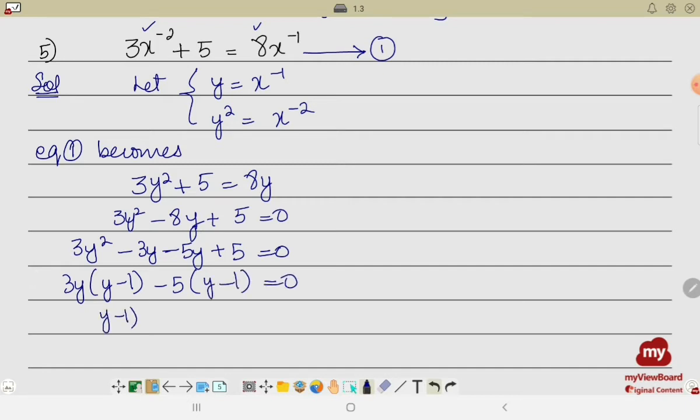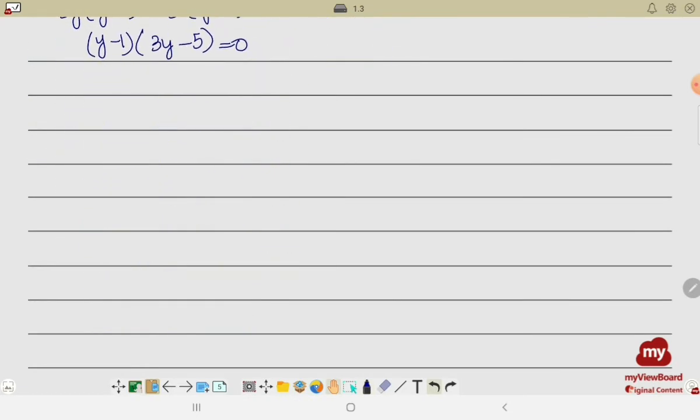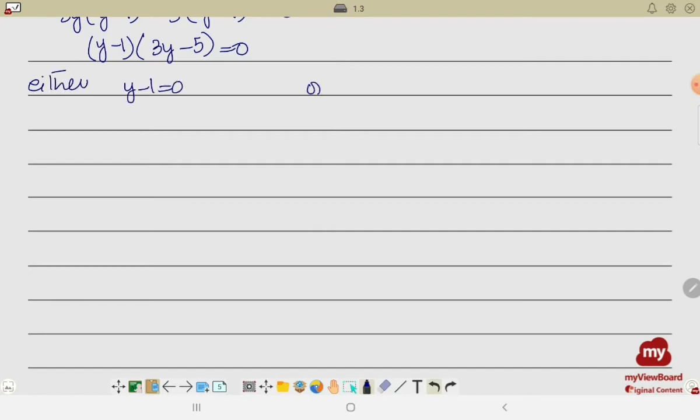So y minus 1 will be taken common, 3y minus 5 is common, equals 0. Next we are supposed to equate both factors to 0. So we have y minus 1 equals 0 or 3y minus 5 equals 0. Y equals 1 and y is equal to 5 by 3. So we need to find the value of x.